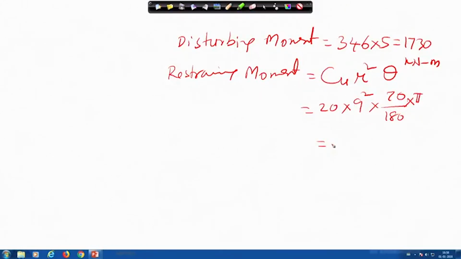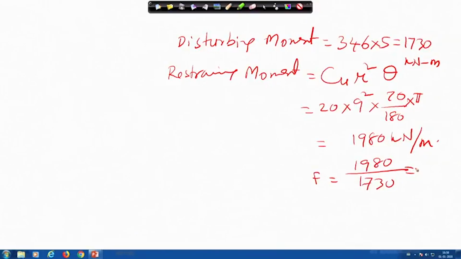So, it gets the value 1918 kilonewton meter. So, F, the restoring is 1980 and disturbing is 1730. So, the factor of safety becomes 1.14, quite close to 1 only.